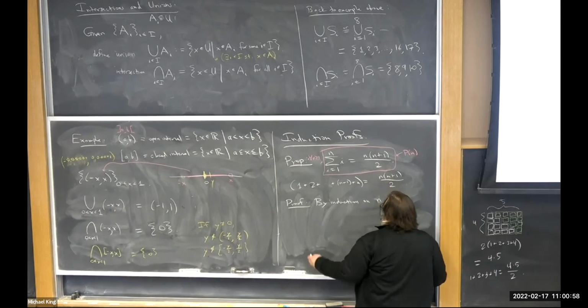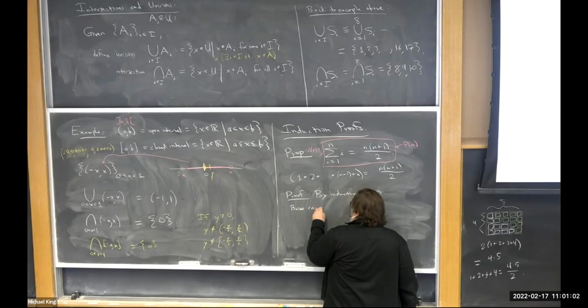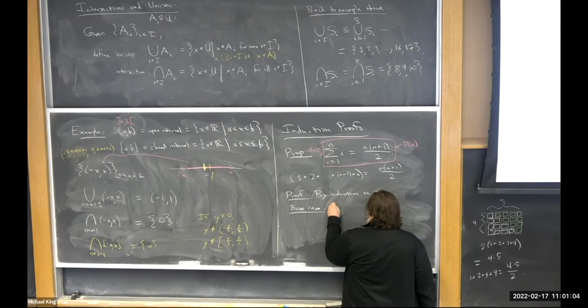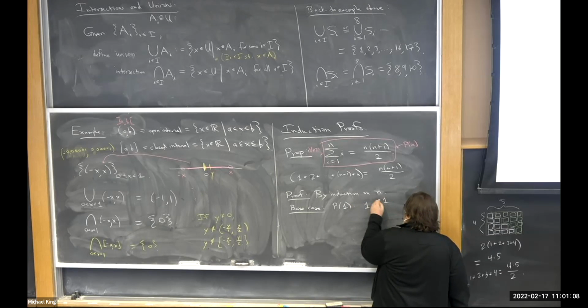Yeah, in fact, that'll be our base case. So base case, P of 1 says that 1 equals 1. You could check more base cases for yourself if you wanted to.